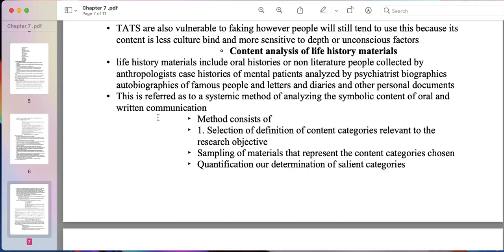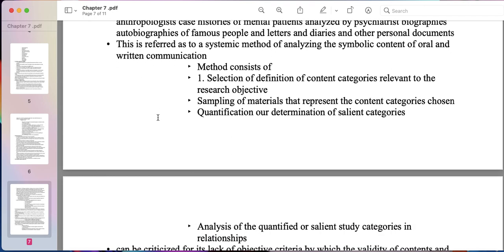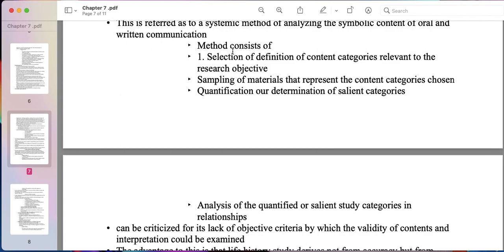This is referred to as the systematic method of analyzing the symbolic content of oral and written communication. The method consists of selection and definition of content categories relevant to the research objective, sampling of materials that represent the content categories chosen, and then quantification or determination of salient categories.